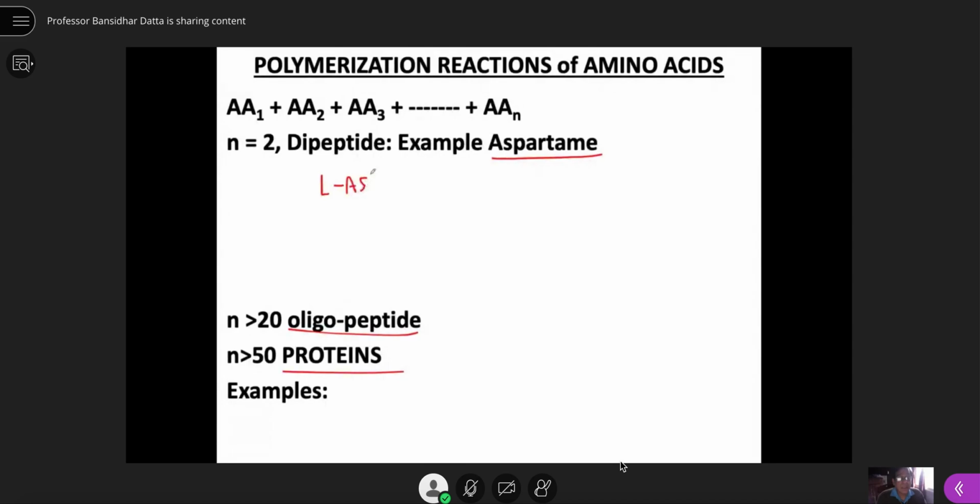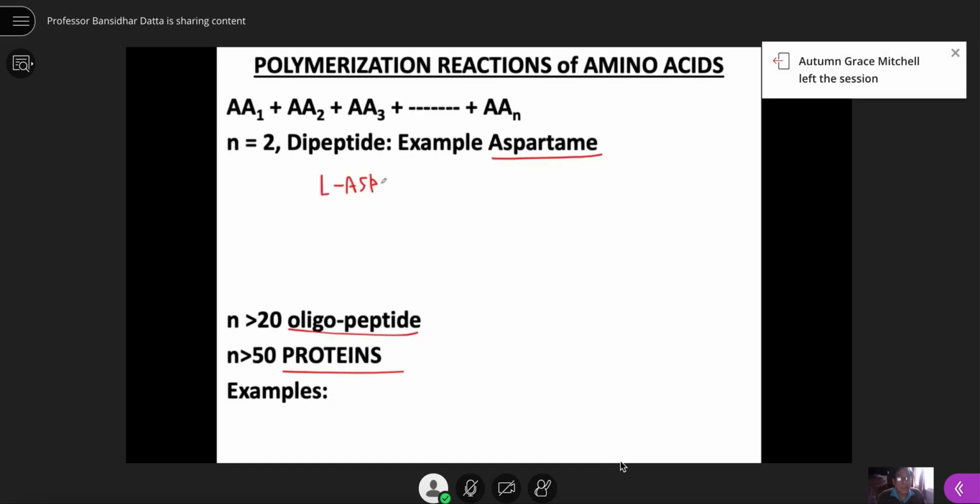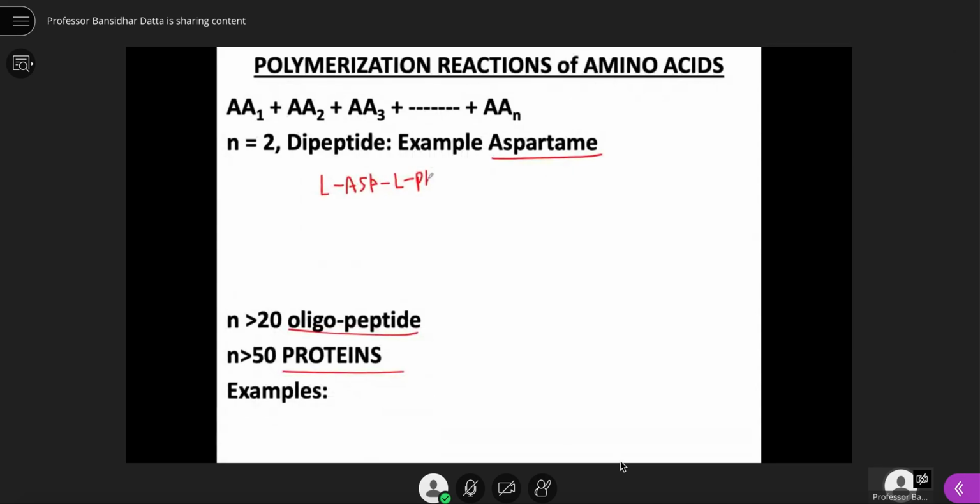L-Asp, and remember the L configuration. L stands for the configuration of the Asp linked by the peptide bond with phenylalanine, PHE. All right, so this is aspartame. So aspartame is a dipeptide, a combination of 2 amino acids, L-Asp, L configuration, and L-phenylalanine.